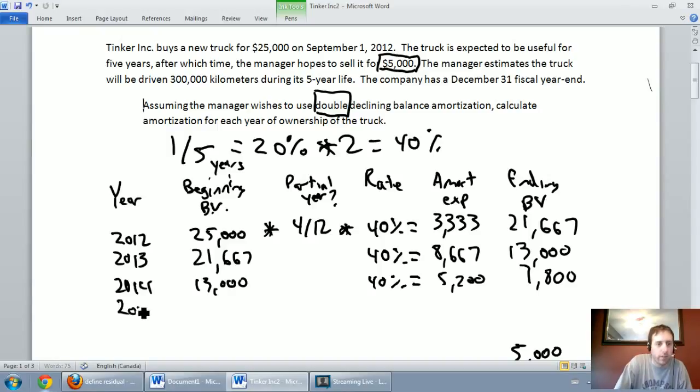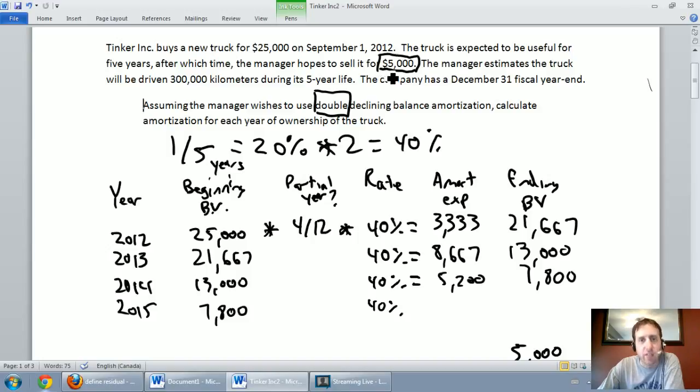On to 2015. I started with an asset that was on my books for 7,800. I'm going to take 40% amortization, and so 7,800 times 0.4 is 3,120. Now I'm going to stop right here, and I can see I'm bumping into a problem. I've said that I'm not going to amortize this asset below $5,000.